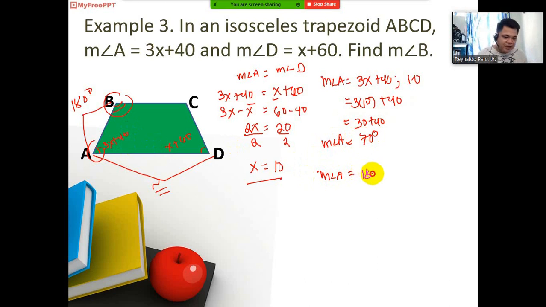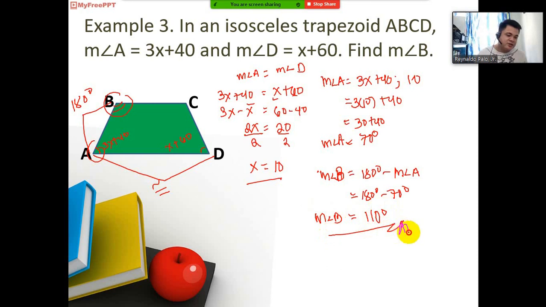Then, since we already have the measurement of angle A, we can now solve for angle B. Angle B is equal to 180 degrees minus the measurement of angle A. Substitute the value: 180 degrees minus 70 degrees. Therefore, the measurement of angle B is 110 degrees.